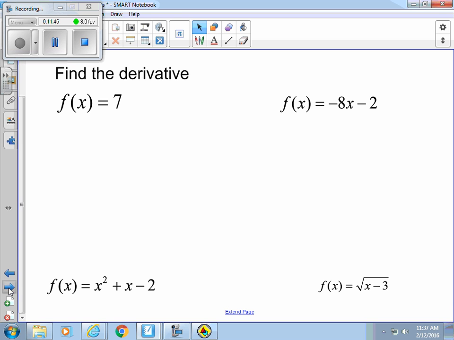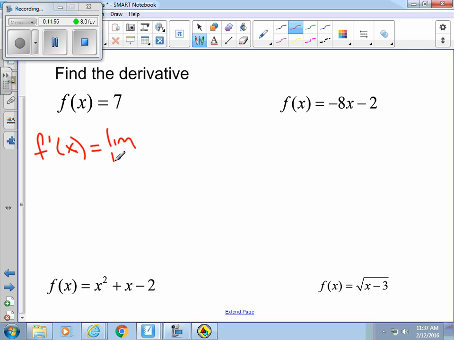So let's write it out first of all. The derivative, which is called f prime of x, is the limit as h approaches 0 of f of x plus h. Well, what is f of anything? 7. Why? Because there's no slope.